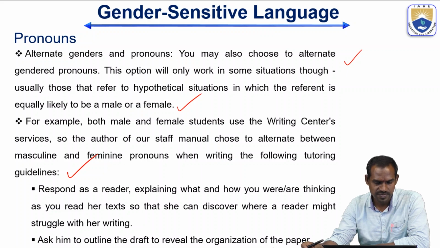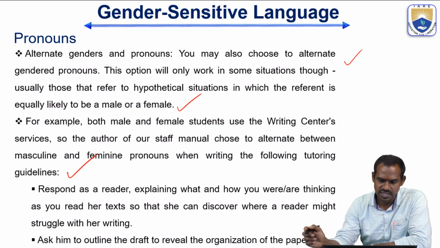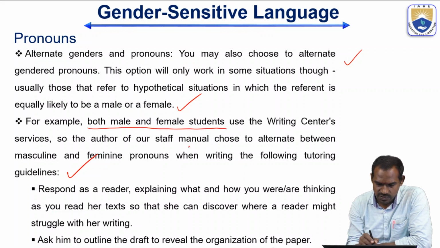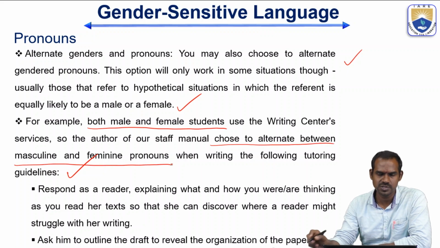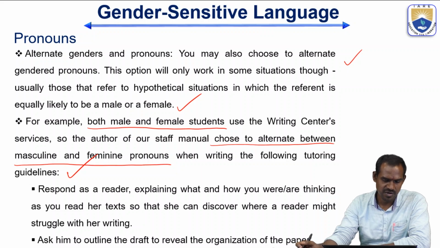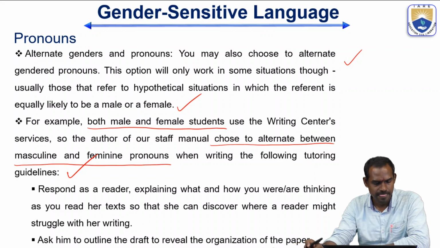How did they use them? That is to represent both male and female students. They chose to alternate between masculine and feminine pronouns, which means sometimes his, sometimes her, like that. Let's see how the guidelines were made.